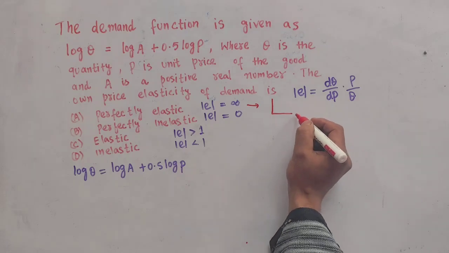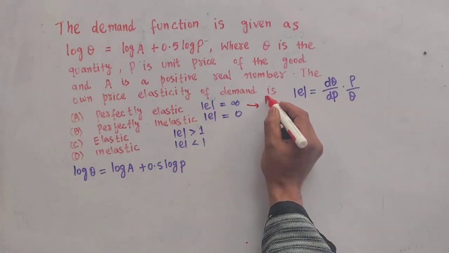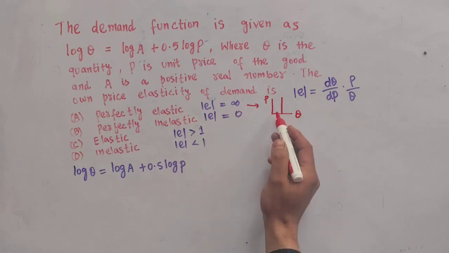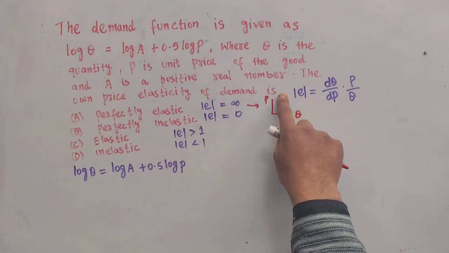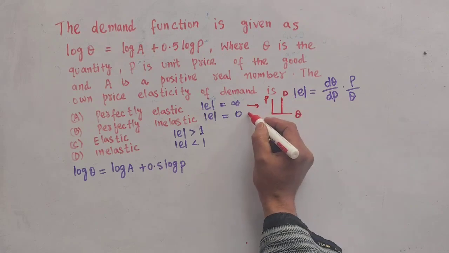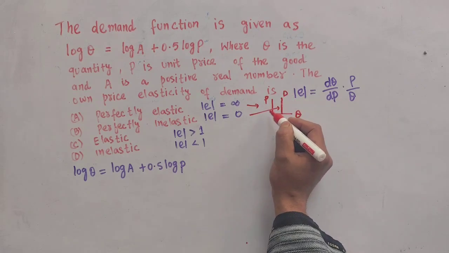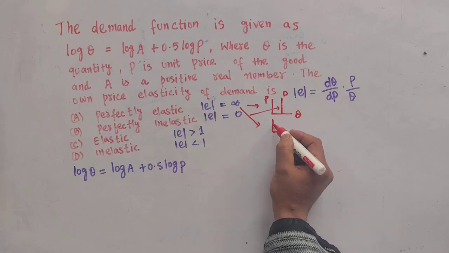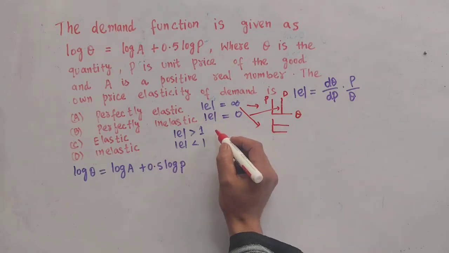So if we have quantity here and price here, this is the graph for the demand function in case of perfectly inelastic. For perfectly elastic, our demand function will be like this.